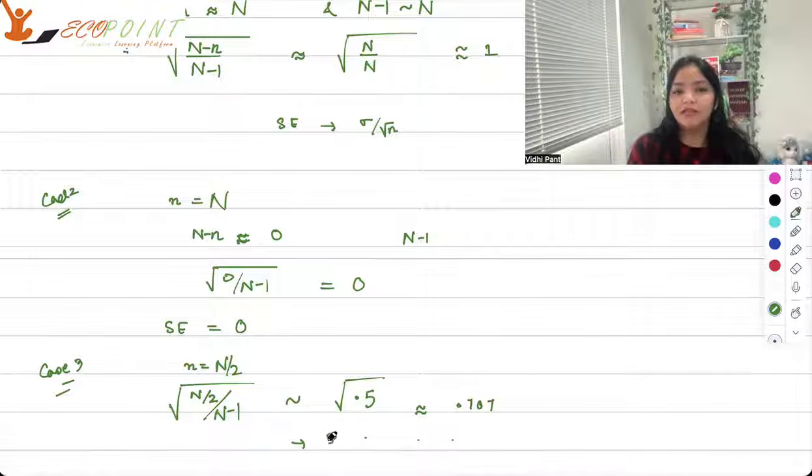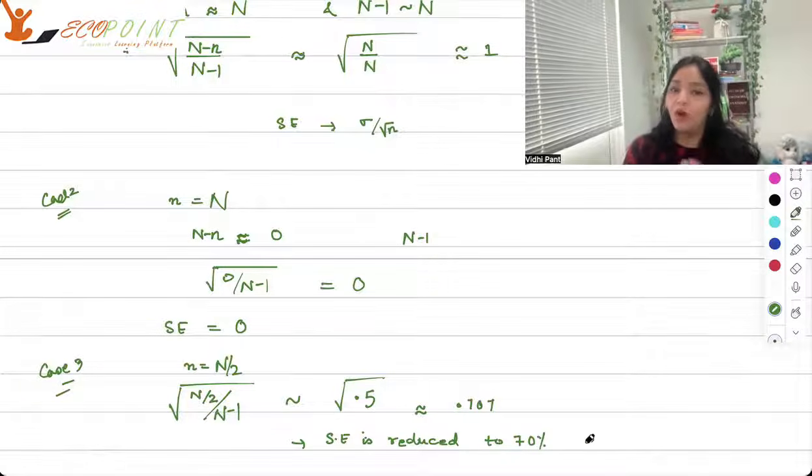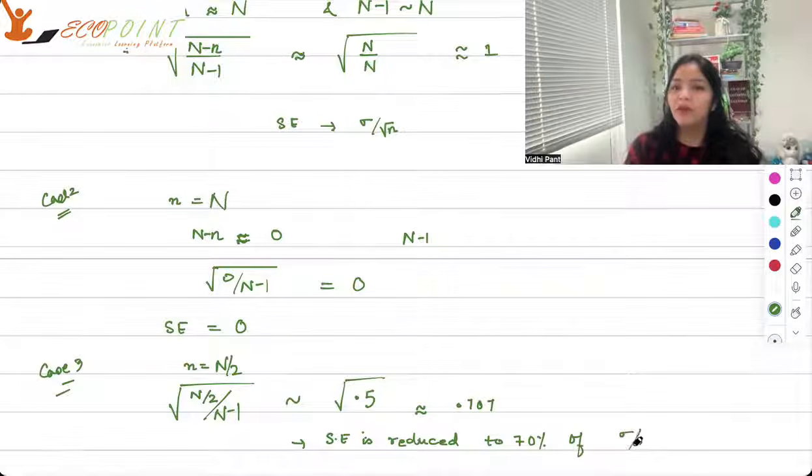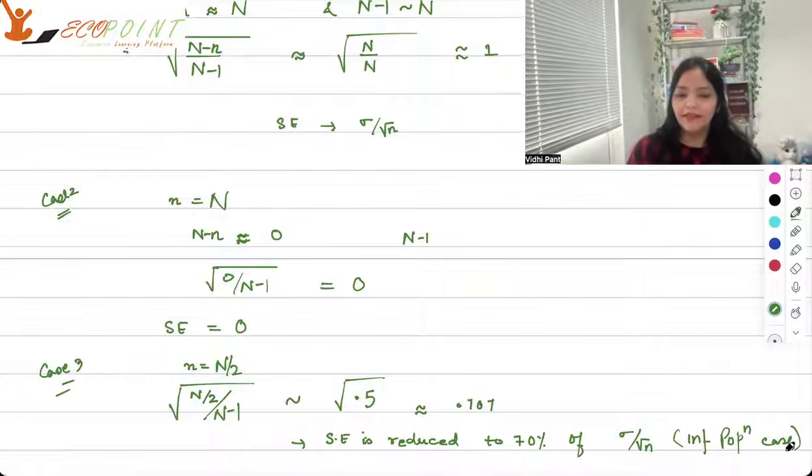It is telling you that the standard error is reduced to 70% of sigma upon root n, that is the infinite population case, right?